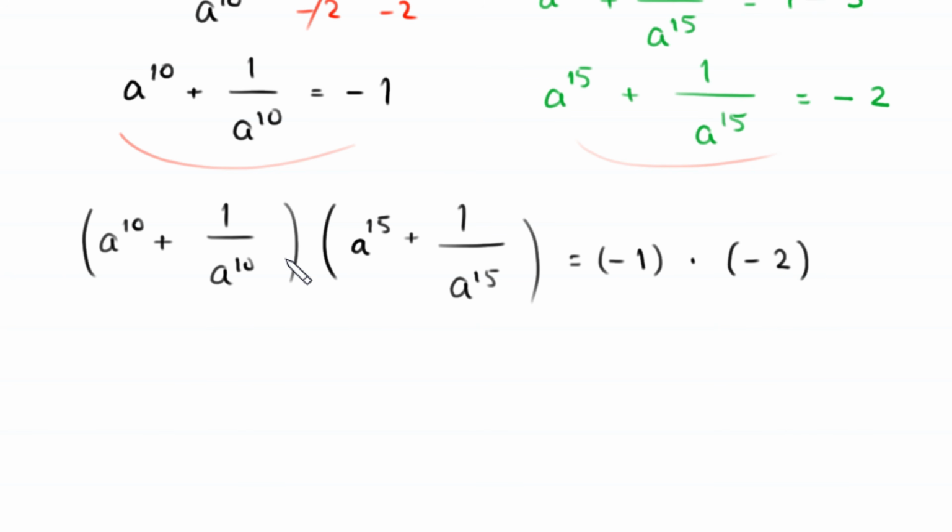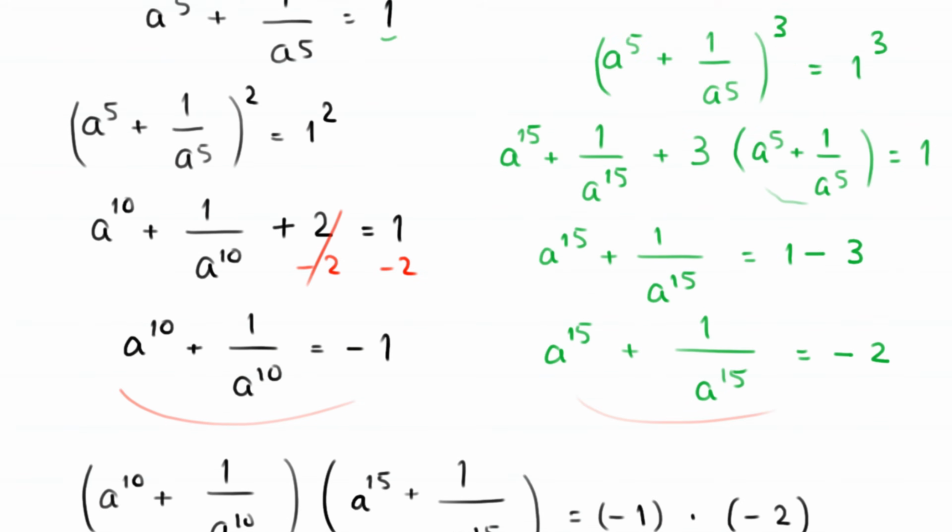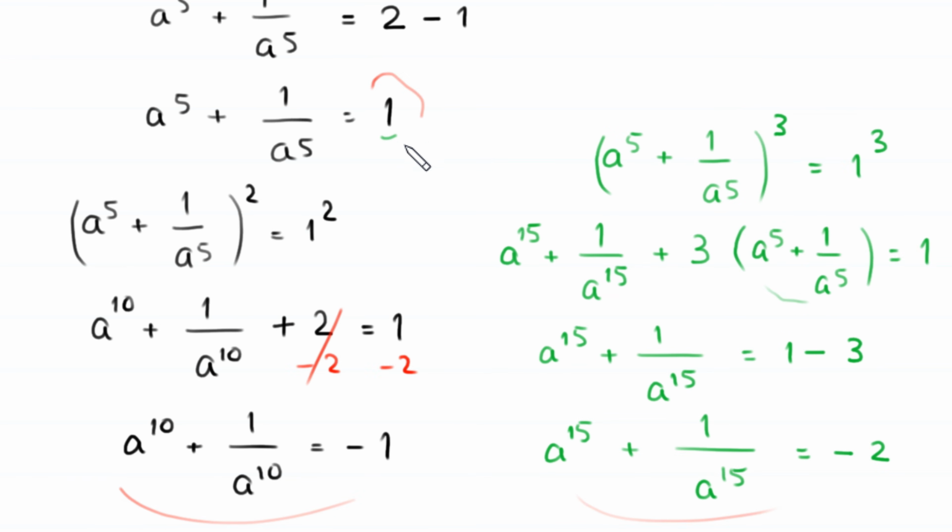Expand this left hand side, this will become a to the power 25 plus 1 over a to the power 25 plus a to the power 5 plus 1 over a to the power 5 equal to negative 1 times 2, which is negative 2. And this a to the power 5 plus 1 over a to the power 5 is equal to negative 1.